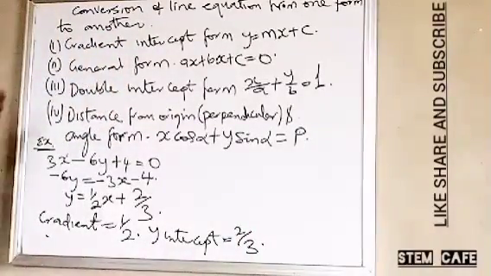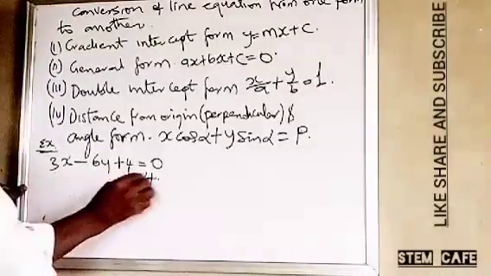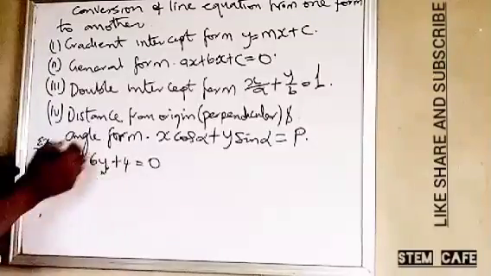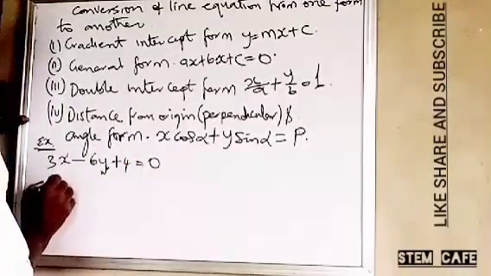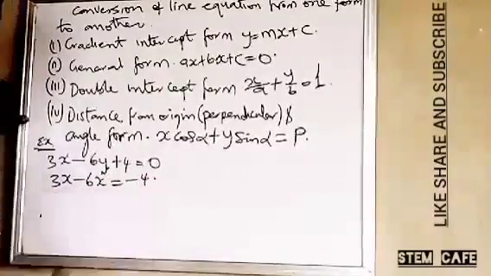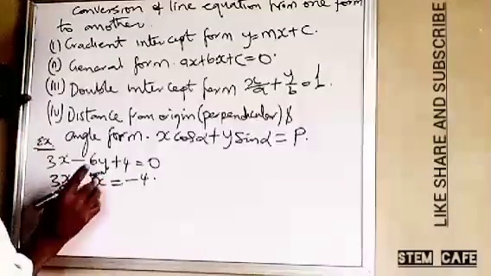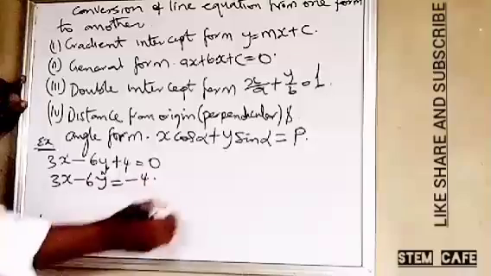Now let's convert it to double intercept form. Looking at this, you have it to be 3x minus 6y is equal to minus 4. Let's divide by minus 4.